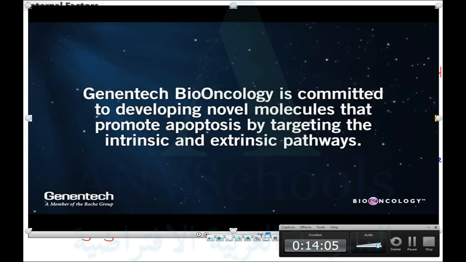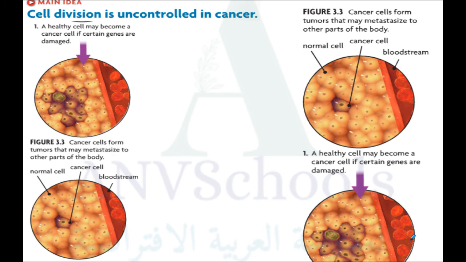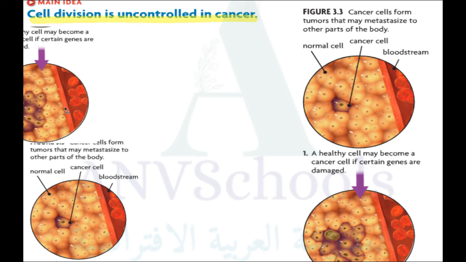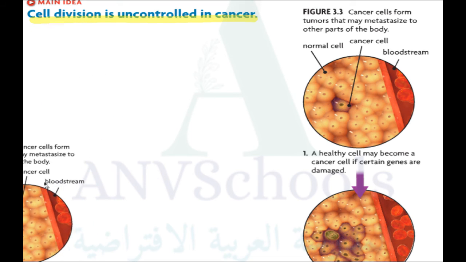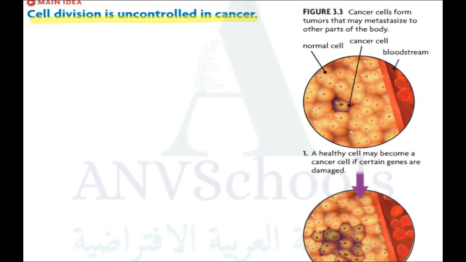So that is what we call programmed cell death. In cancer cells or in other cells, cell division is uncontrolled. In a normal cell, division is normally controlled. But as the cell becomes malignant, it ceases to be controllable.